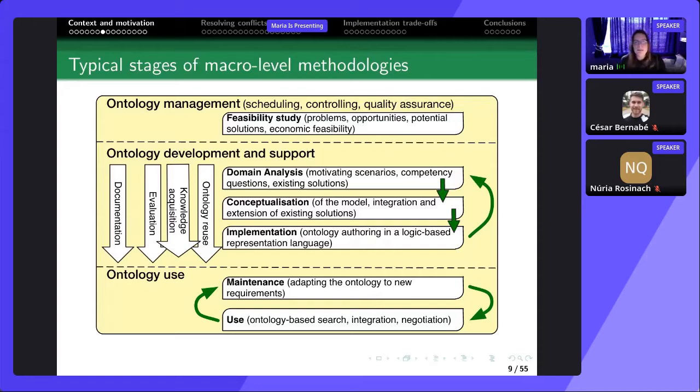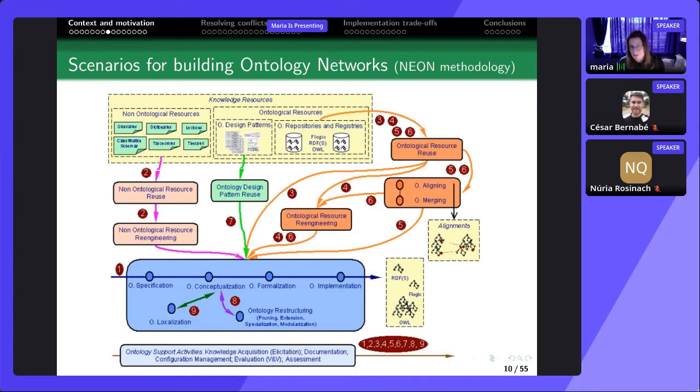If you look a little bit at this notion of ontology reuse and acquisition, this middle bar there, there are a whole range of scenarios for that. So here is a sampling of a range of steps and methods that you would use to develop the ontology, such as reusing an ontological resource. It says there aligning and merging. How do you combine those ontologies?